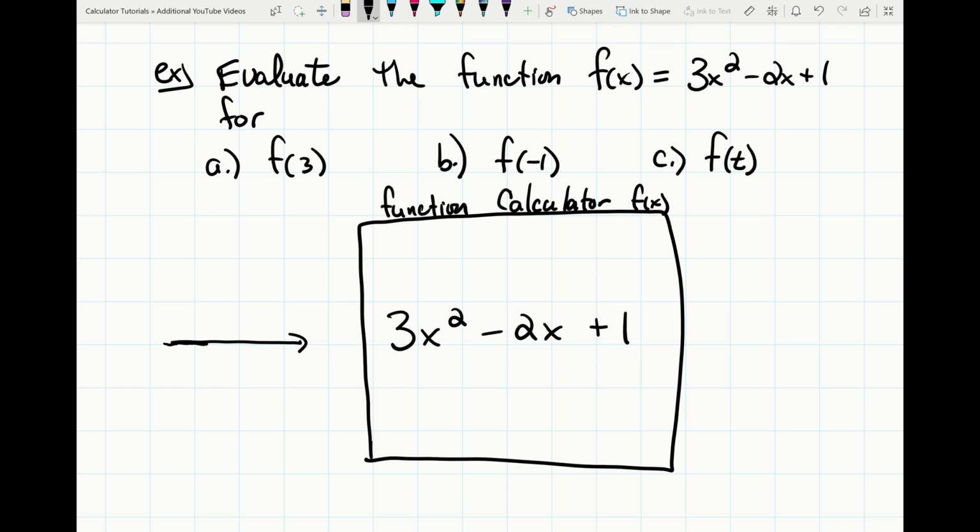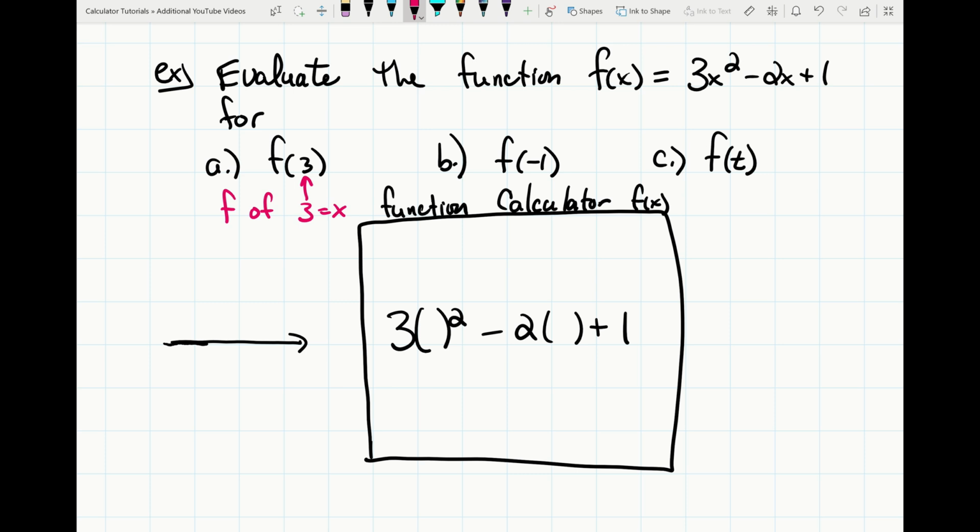Okay? And what we're going to do is we're going to erase the variable x, and we're going to put parentheses there first. Now, the next thing we're going to do is we're going to take each one of these values. So for the first one here, this is read f of 3. What that means is the 3 is going to be what we let x equal, or another way to think about it would be this is going to be our independent variable, which is our input.